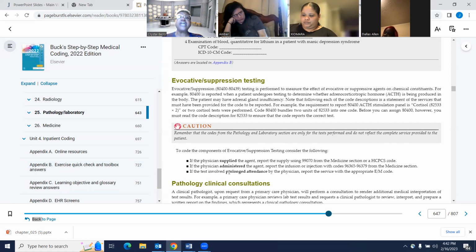If a physician administered the agent, report the infusion or injection with codes 96365 through 96379 from the medicine section. If the test involved prolonged attendance by the physician, report the service with the appropriate E/M code. So see, this is a little tricky here.